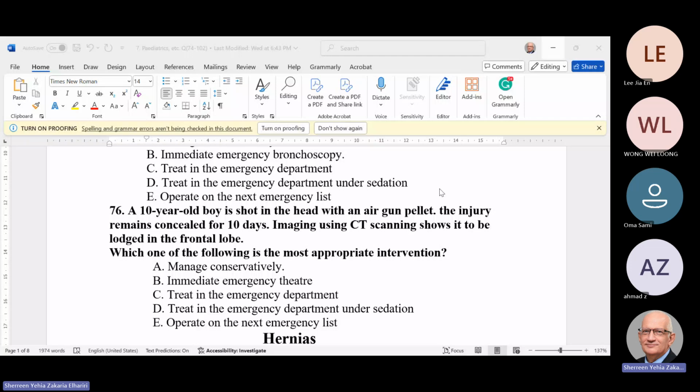Second, it is fixed, and sometimes if you remove it, you can cause more damage than expected. So it is better to leave it. It also happens in the lung. We find in some areas of the lung a gunshot pellet or small shot, and you can leave it if it does not affect the patient's life, because usually fibrosis occurs around it. So just leave it, manage conservatively, reassure the family, and nothing is done.